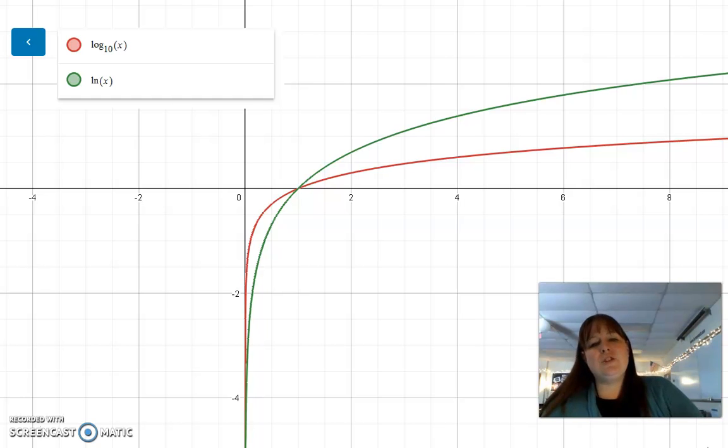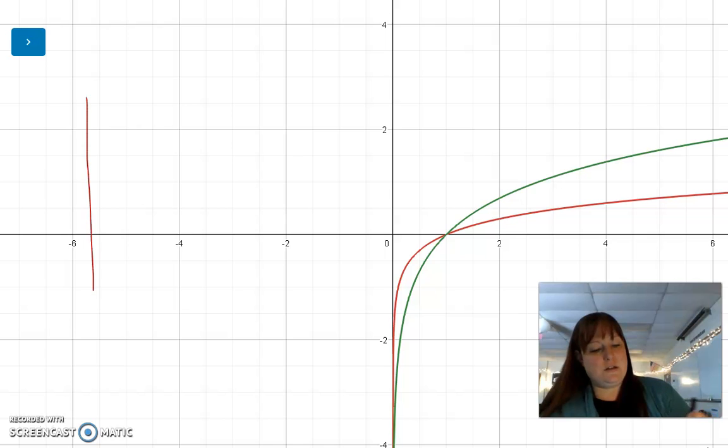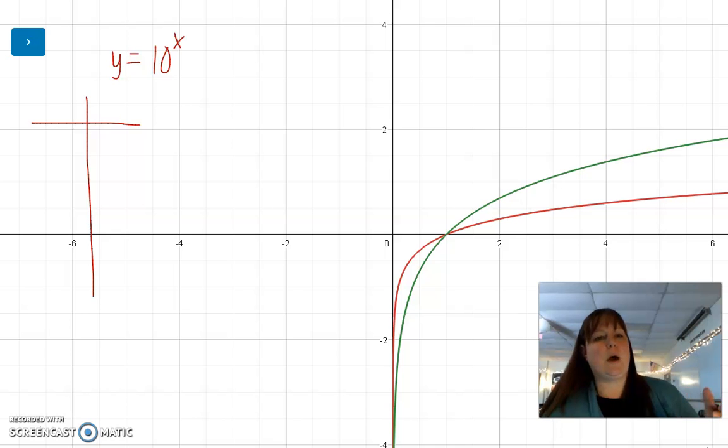And so let's just think about this a little bit logically and think about why they work this way. If you think about it, log of x is the inverse of 10 to the x, right? And so basically we're saying 10 to the what equals y.